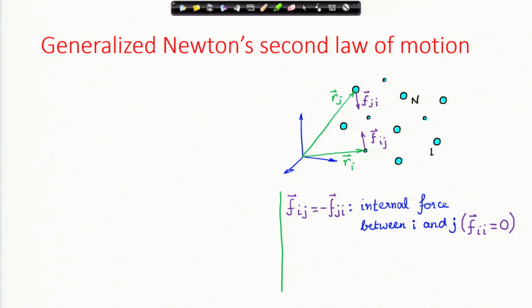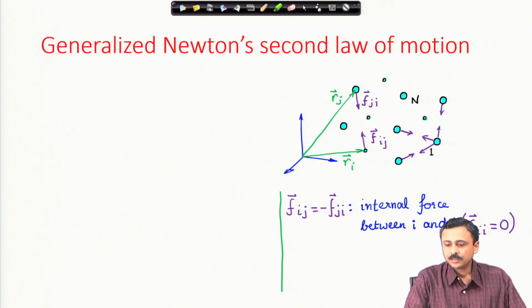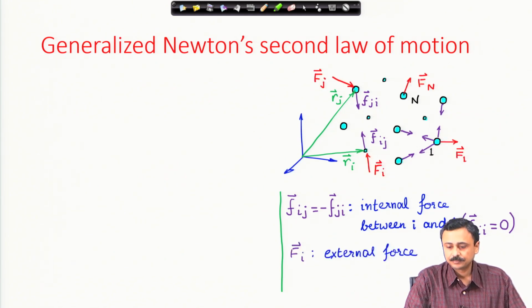Therefore, F_ii vector must be 0. In this way, all particles are possibly interacting. We then consider external forces indicated by capital F. On the ith particle it is capital F_i vector, on the jth particle capital F_j vector, and so on.